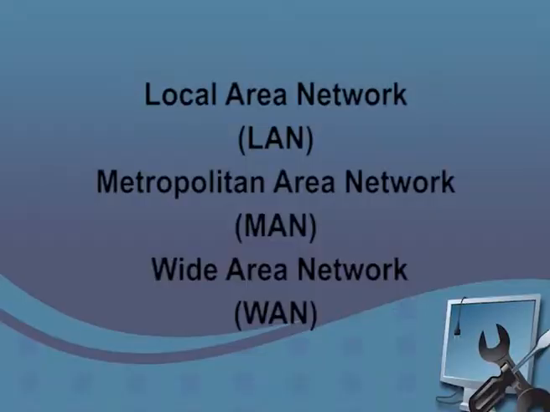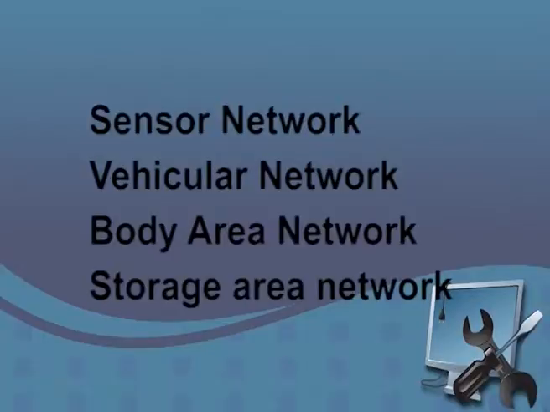The area covered by a network has three categories, that is the local area network LAN, metropolitan area network MAN and wide area network WAN. The networks are constituted using different devices or for specific purposes like sensor network, vehicular network, body area network, storage area network, etc.